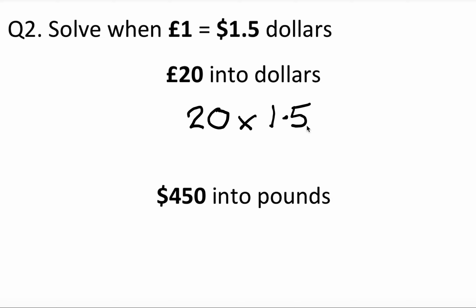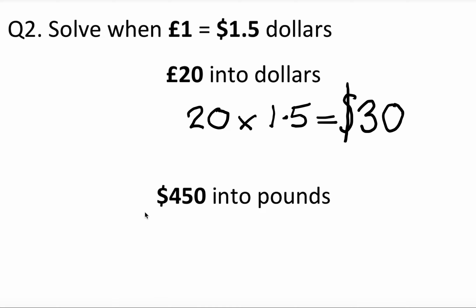Again, you can do it on a calculator, but you should be able to do this one in your head. So the answer to that is 30. And again, the important thing, it's $30. That's my dollar sign, not the greatest.